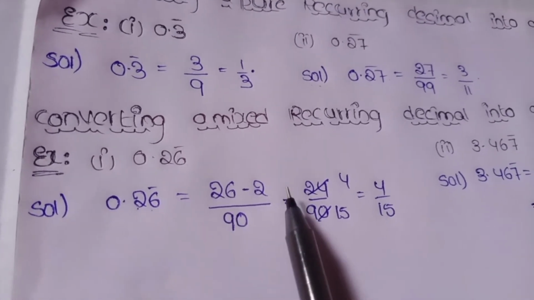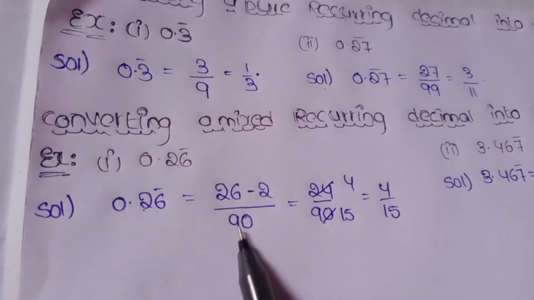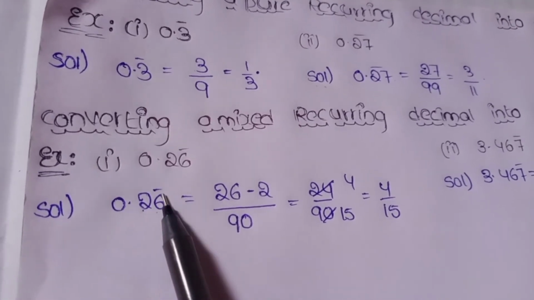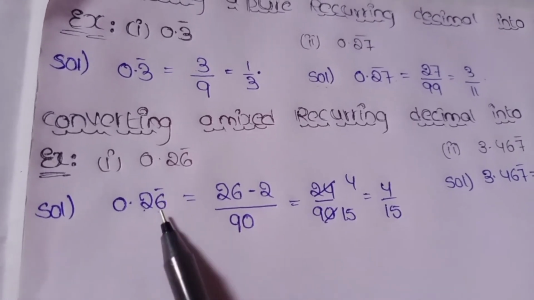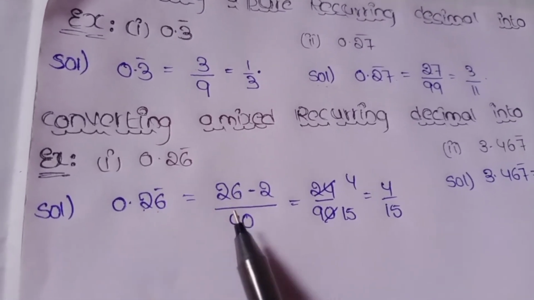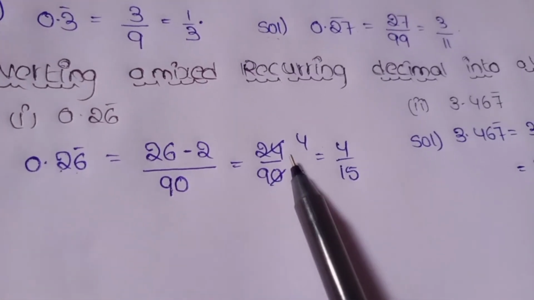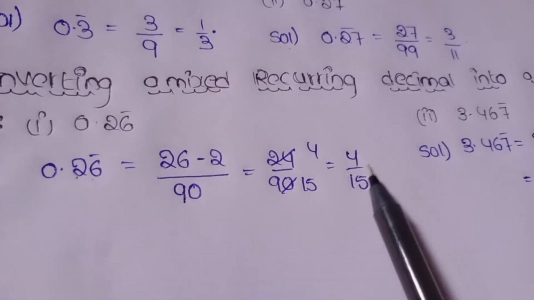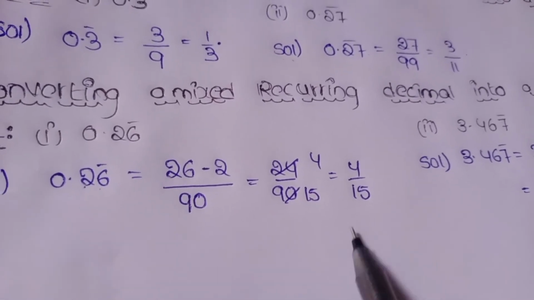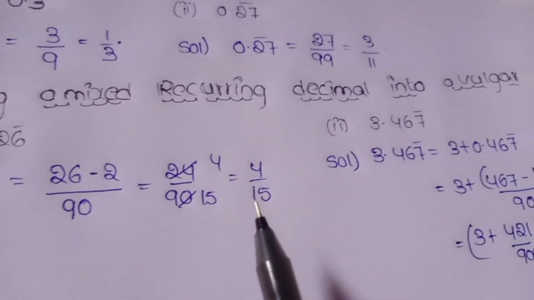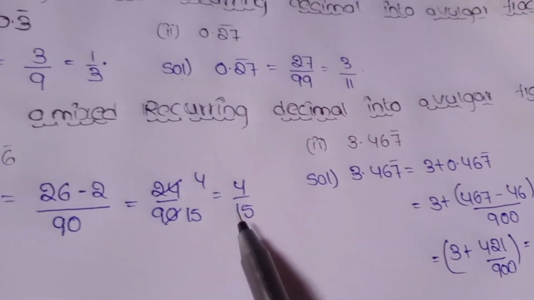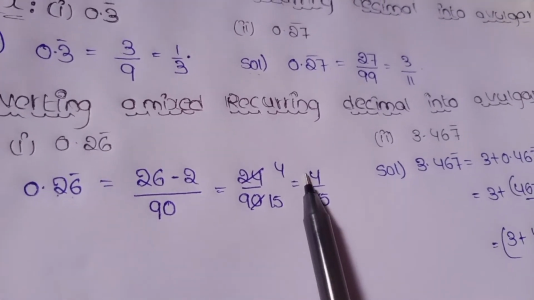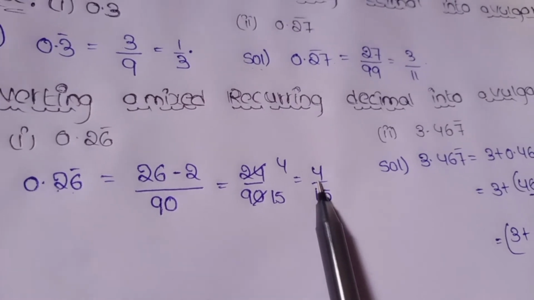So 26 minus 2, and in the denominator, 1 recurring point, so you write 9, and 1 non-recurring point, so you write 0. To do the simplification, 24 by 90, 6 4s are 24, 6 15s are 90, so 4 by 15. Here there is no need to show any decimal point, right? So I didn't show any decimal point here.